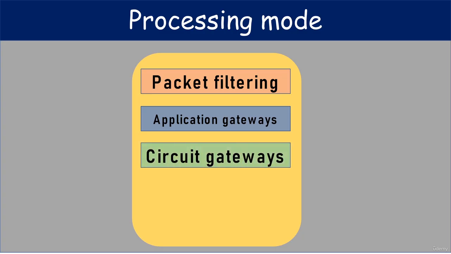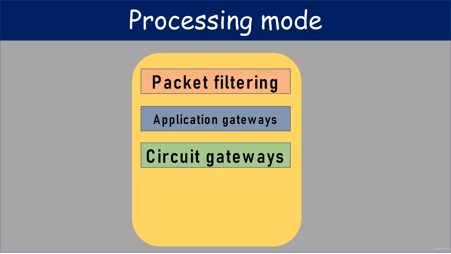A circuit level gateway is a firewall that operates at the transport layer, and it provides UDP and TCP connection security, which means it can reassemble, examine or block all the packets in a TCP or UDP connection. It works between the transport layer and the application layer, such as the session layer.